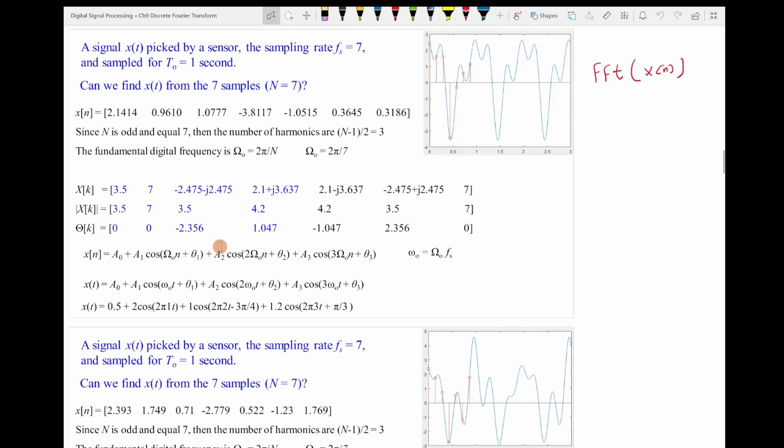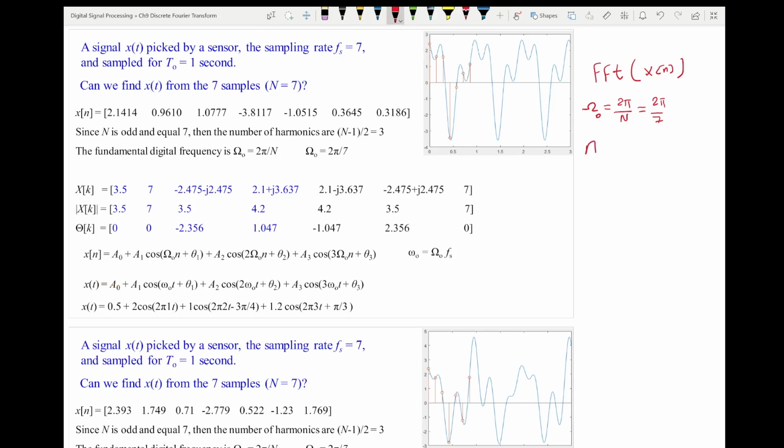So the first step is to calculate the digital frequency omega 0. Well, omega 0 equals 2 pi over n, where n is the number of samples. So we calculate this. Now we need to calculate the DC present in the signal. This one in the discrete signal or this one in the continuous representation.